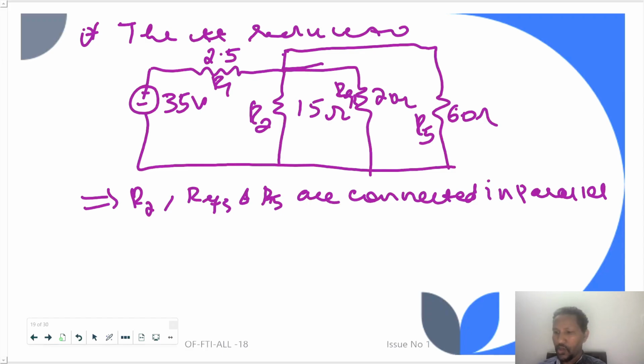So we have 1 over R equivalent 4, which equals 1 over R2 plus 1 over R equivalent 3 plus 1 over R5.